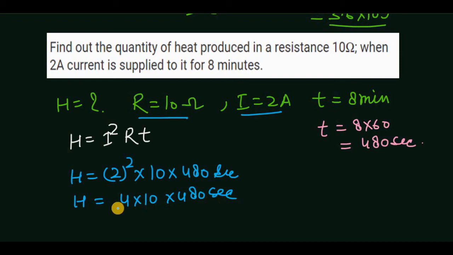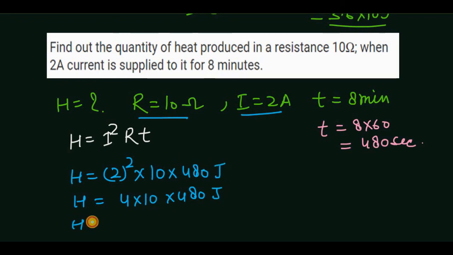The combined unit will be joules, so we can erase this unit because we are not writing it for others also. Finally, the unit that will come, that is joules, we will write here.